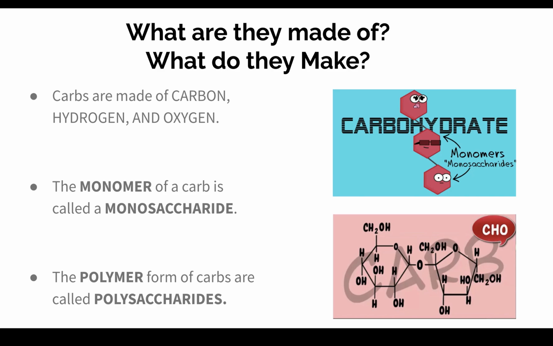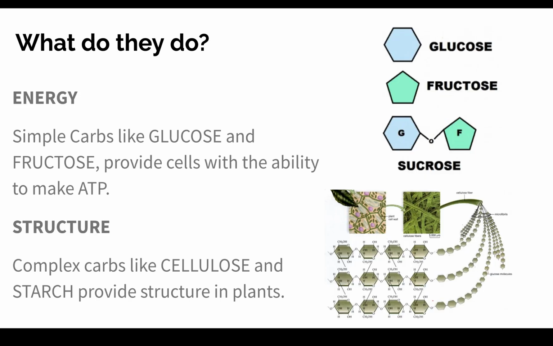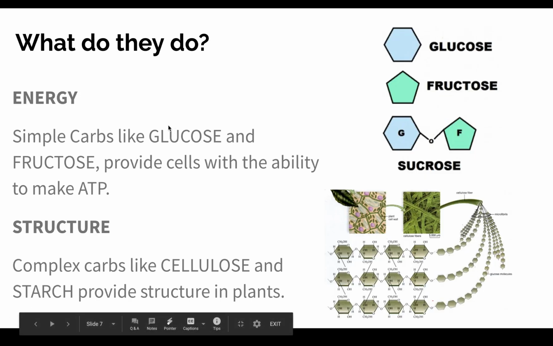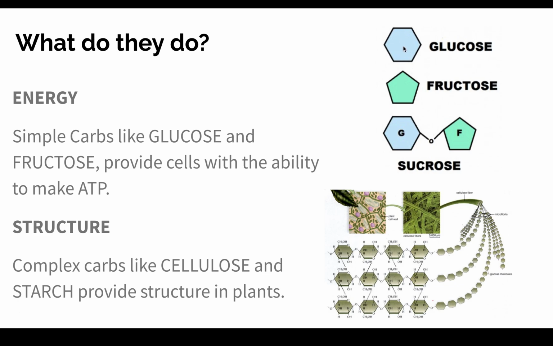Not hugely important for what we're going to talk about, it really just frames the idea that you have these simple carbs like monosaccharides, and then you have these complex carbs like polysaccharides. So with the sugars that we looked at back here, when I have one glucose, that's a monosaccharide.